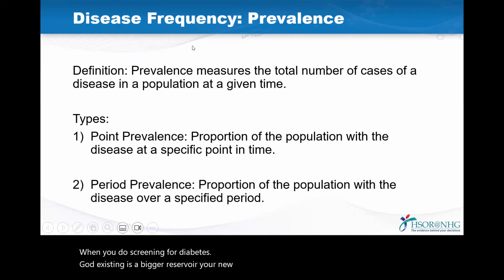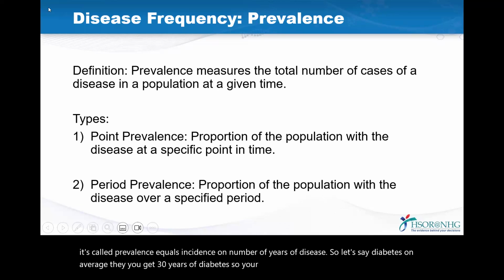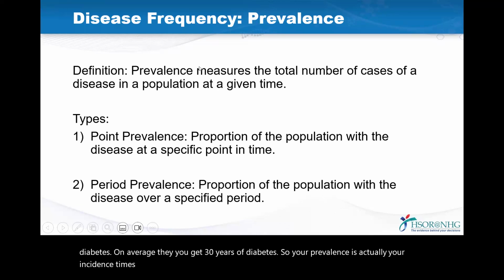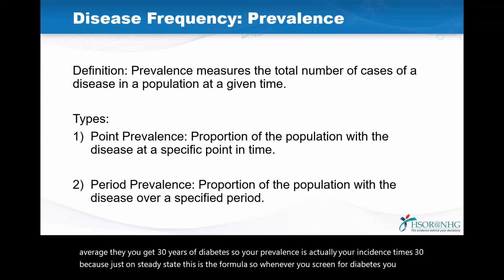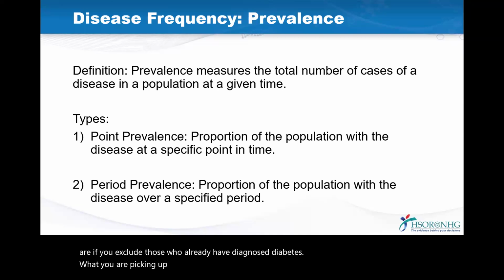Let's say diabetes, there's a formula: prevalence equals incidence times the number of years of disease. So let's say with diabetes on average you get 30 years of disease. So your prevalence is actually your incidence times 30, because at steady state, this is the formula. So whenever you screen for diabetes, if you exclude those who already have diagnosed diabetes, what you're picking up are the undiagnosed cases.